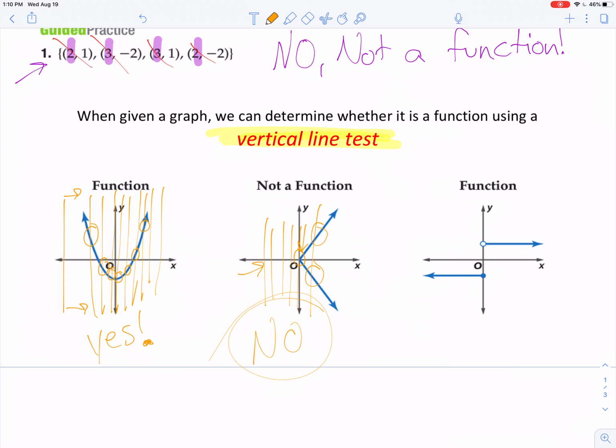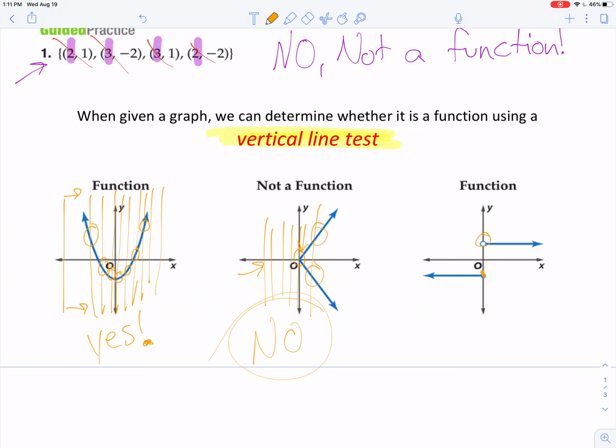Now this one over here is kind of interesting, because if I draw my vertical line straight down here, it actually kind of looks like it would go through twice. Here's something you should know. If it has a solid dot like it does on this one, that means that it does actually touch right there.